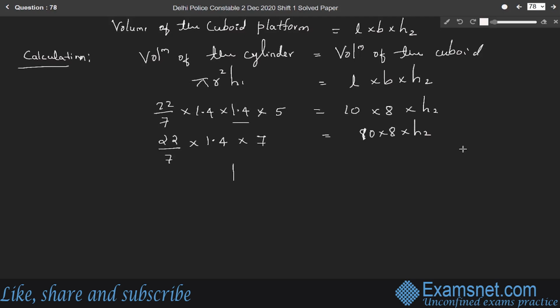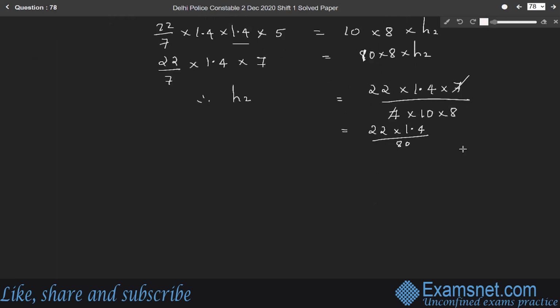So which is equal to h2 is equal to 22 into 1.4 into 7 by 7 into 10 into 8. So 7 will get cancelled. So 22 into 1.4 divided by 80. So what is 22 into 1.4?